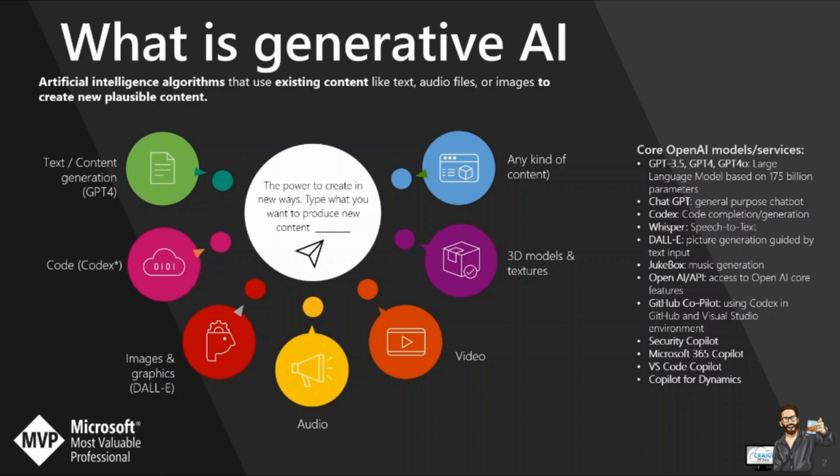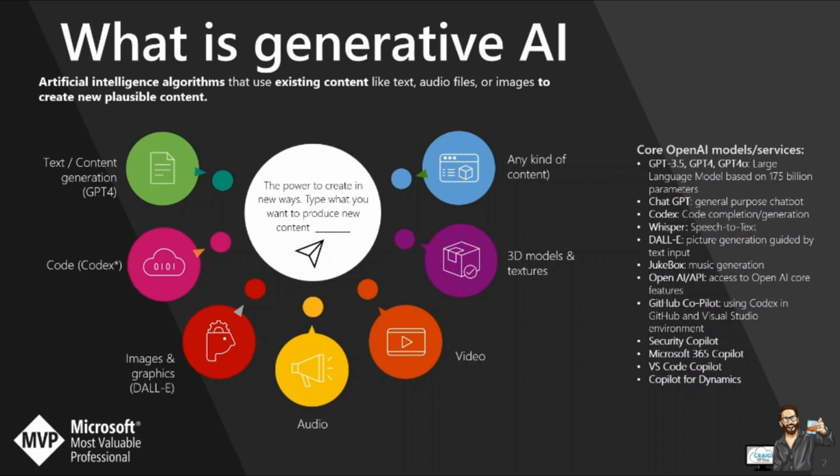And then if we have a look at the core OpenAI models and services. So ChatGPT-3, GPT-4, and 4o. These are large language models with 175 billion parameters. Then you've got ChatGPT, a general purpose chatbot, excellent and very good for daily use. And then you have GitHub Copilot.